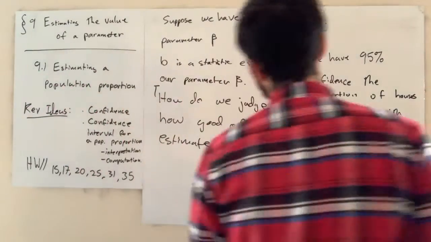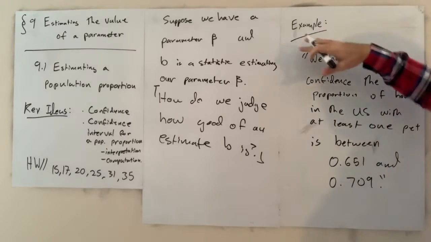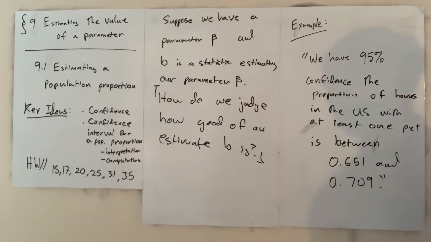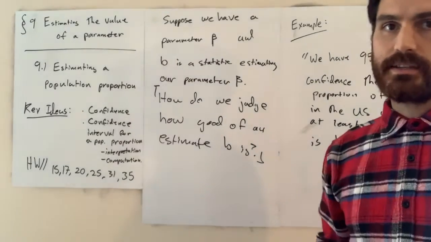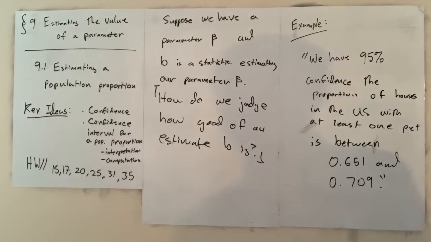Okay, so for starters, what we're going to do is our example here. It's not uncommon when you're hearing about studies done, hearing about statistics floating around, to hear a line like this.